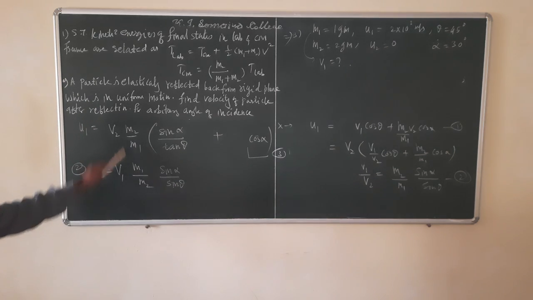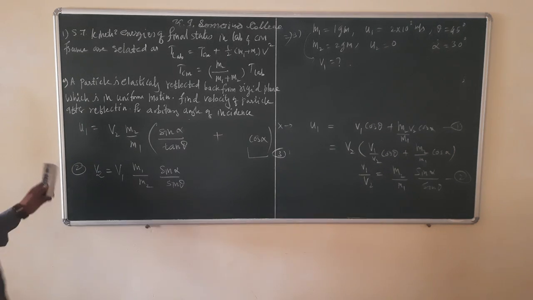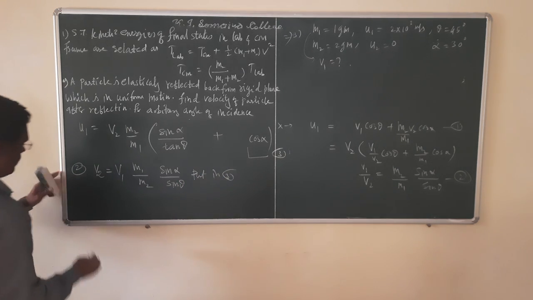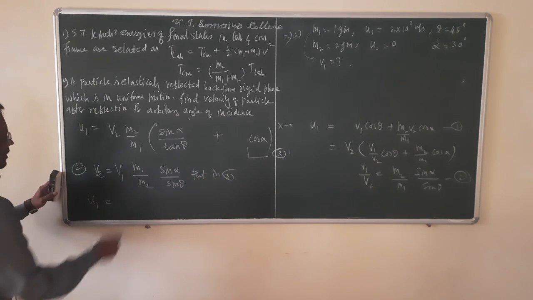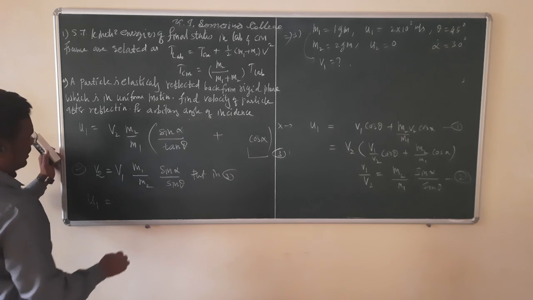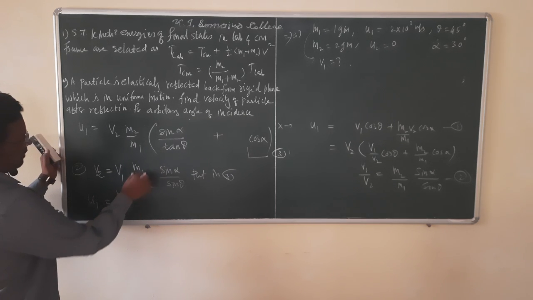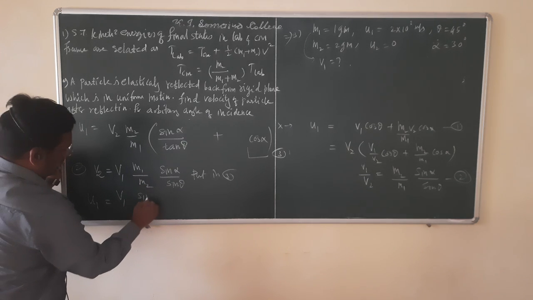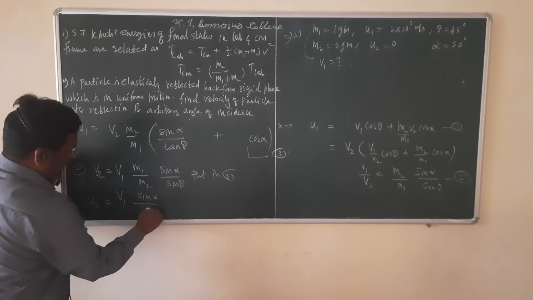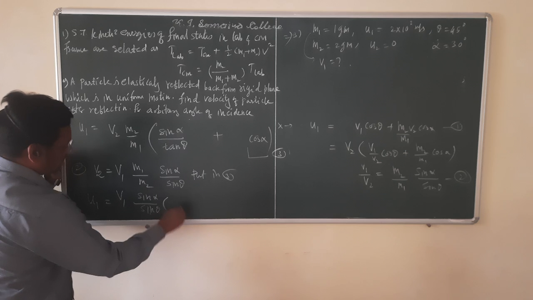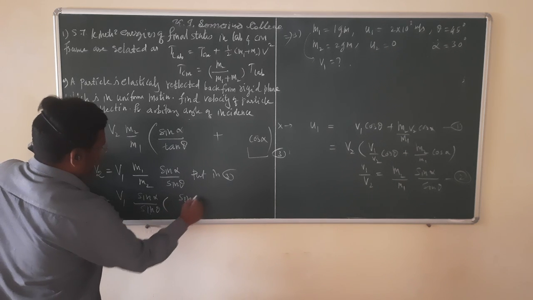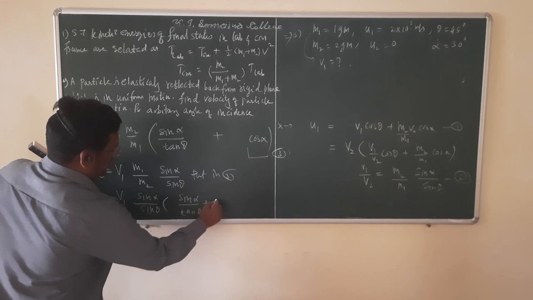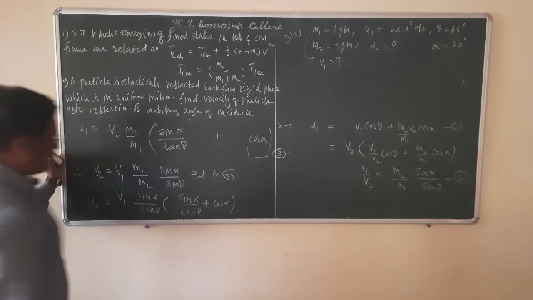If you put this term over here in equation 3, you will get u1 is equal to, here v2 is equal to v1, so m1 upon m2 and m2 upon m1 cancel. Again sine alpha divided by sine theta, so again sine alpha divided by tan theta plus cos alpha.